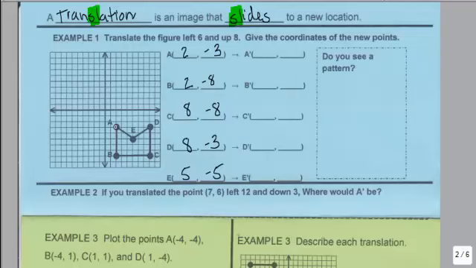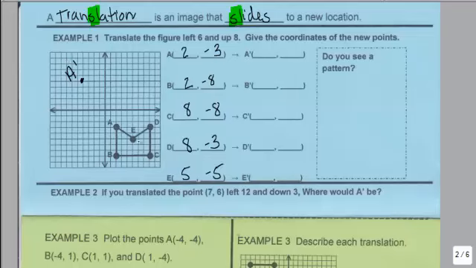So A is 1, 2, 3, 4, 5, 6, and 1, 2, 3, 4, 5, 6, 7, 8. So it's right there. I'm going to take this off so that doesn't get confusing, but that is A prime.